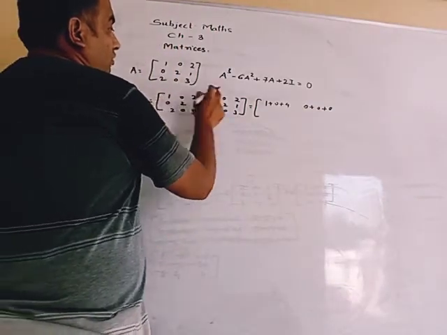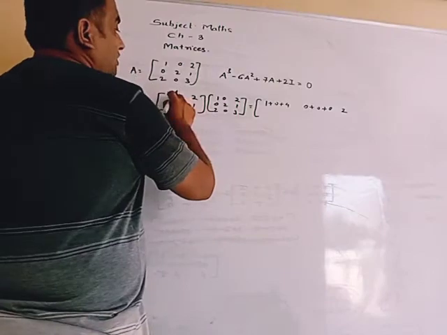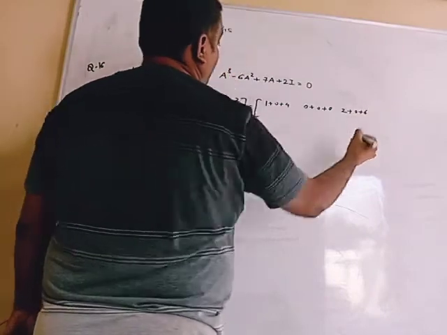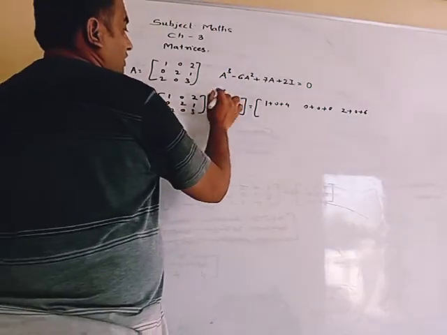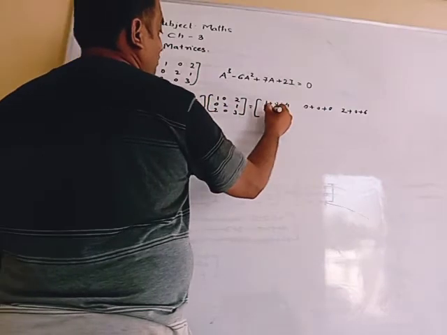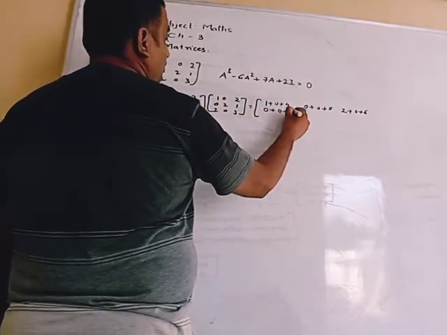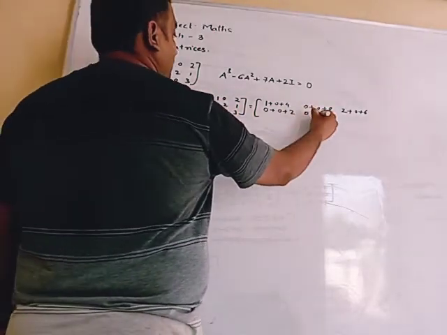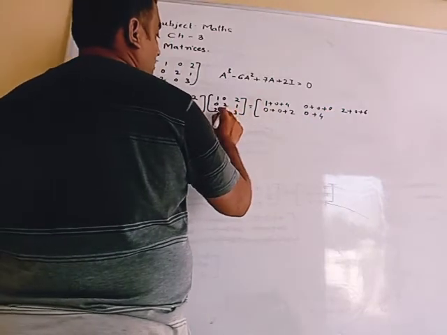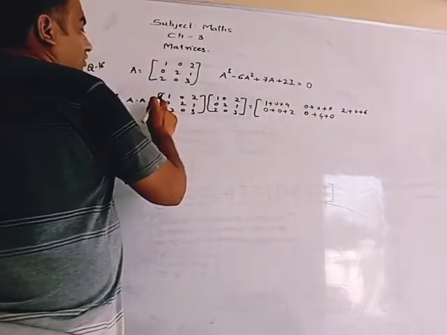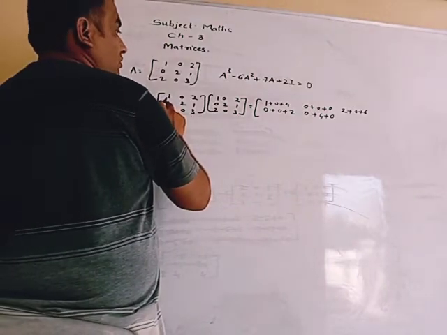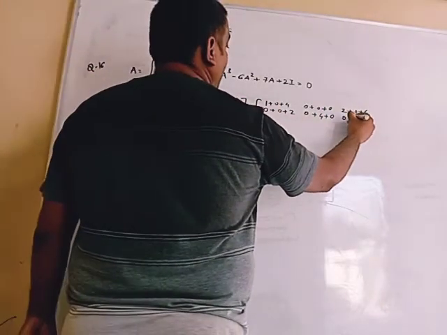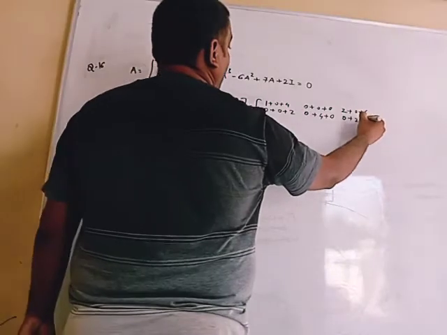Then 1 into 2, 2, 0 into 1, 0, and 2 into 3, 6. 0 into 1, 0, 2 into 0, 0, 1 into 2, 2. 0 into 0, 0, 2 into 2, 4, 1 into 0, 0. 0 into 2, 0, 2 into 1, 2, 1 into 3, 3.